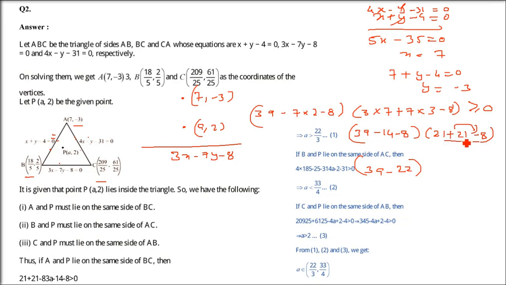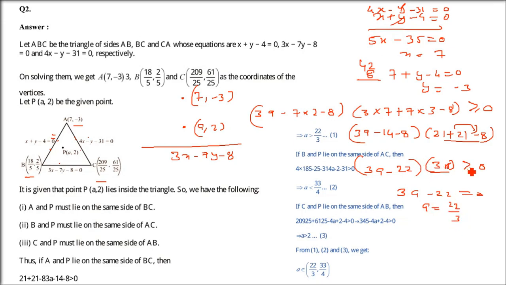If it were negative, then it would matter. So it's greater than or equal to 0. So 3A minus 22 is greater than or equal to 0. That is, A is greater than or equal to 22 by 3.